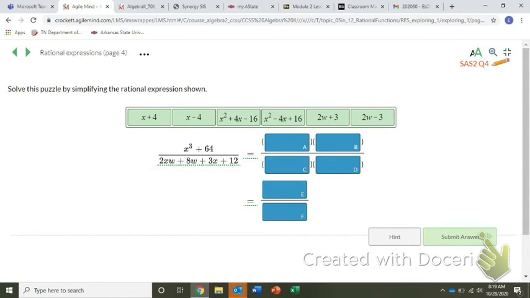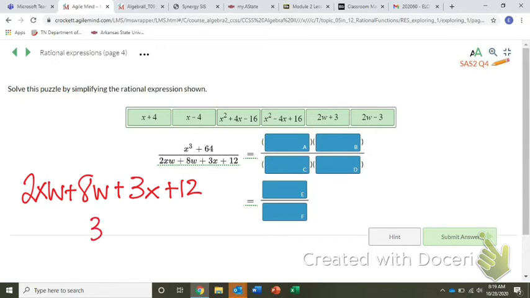All right, so we have 2xw plus 8w plus 3x plus 12. Okay, so we know in order to get 12, when we multiply, we must have a 3 somewhere and we must have a 4 somewhere, because 3 times 4 is 12.